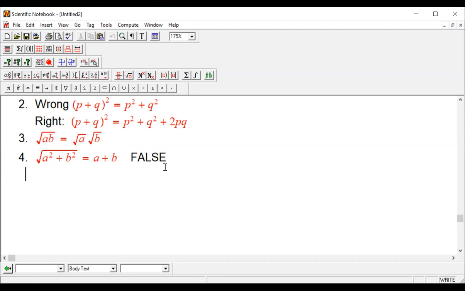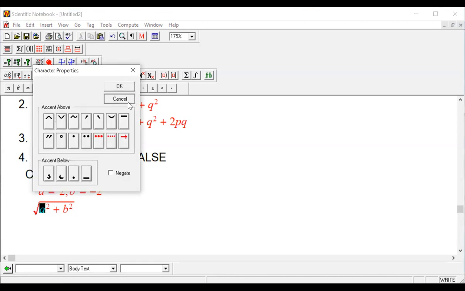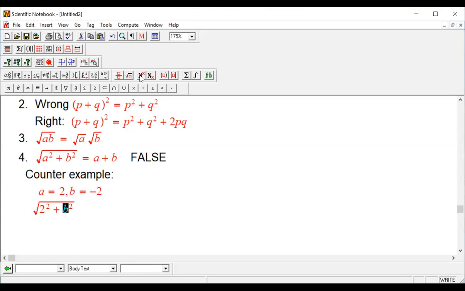I have the counterexample, say a equals 2, b equals -2, right? There are so many examples, but we really just need one, right? So we look at the left-hand side. So we're giving a counterexample, and this counterexample is a equals 2, b equals -2. So a squared is 2 squared, b squared is (-2) squared, right?